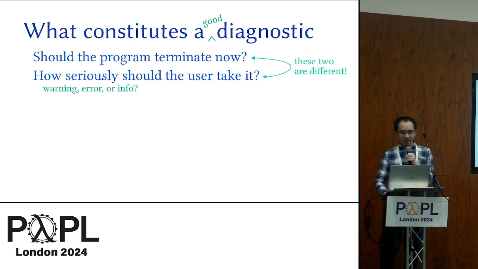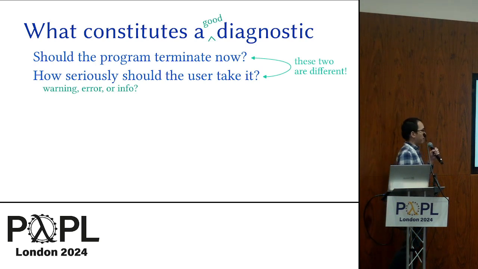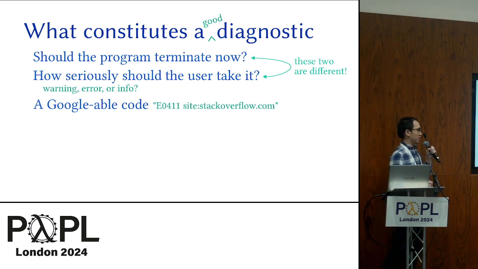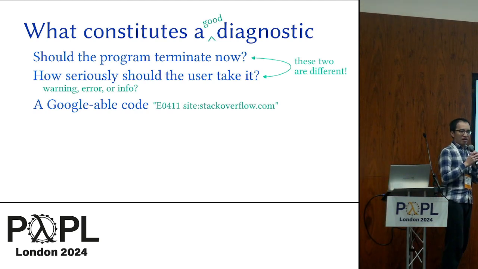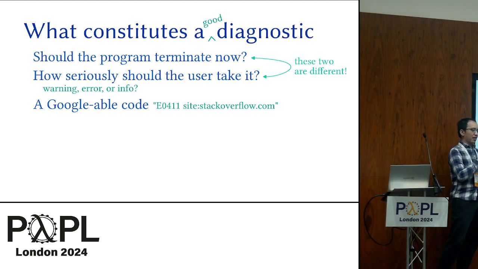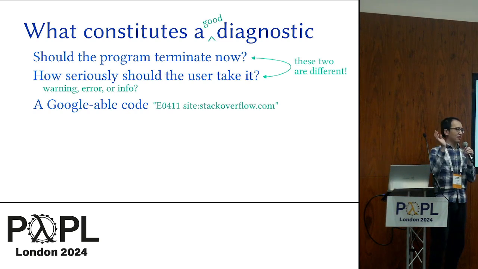And then there are still several things that you might want to include in a compiler diagnostic. For example, a Googleable code, because why? When the user sees an error message, what they're going to do is copy the part that they think is the most important from the screen, and then put it into Google, and maybe after some clicking, focus on the Stack Overflow website or whatever is there.